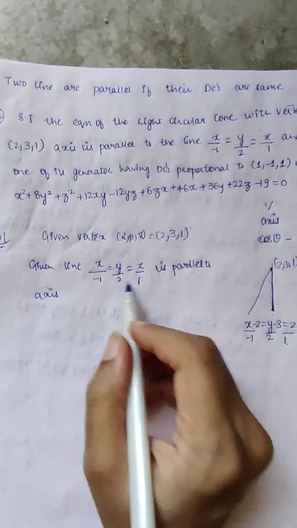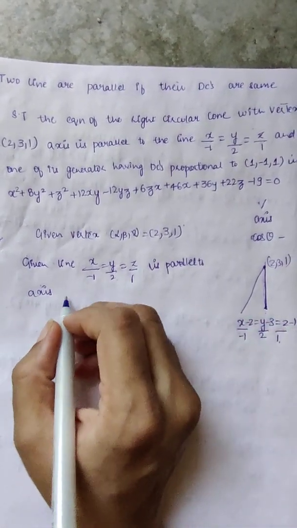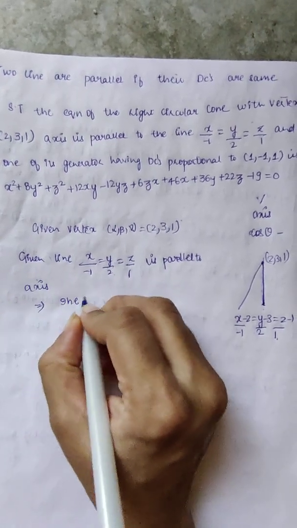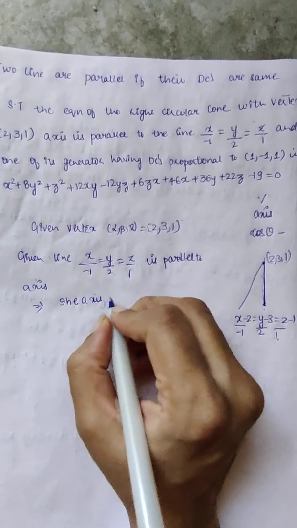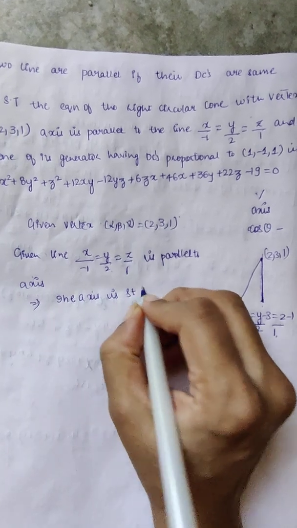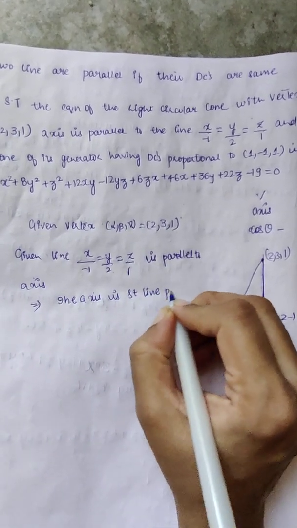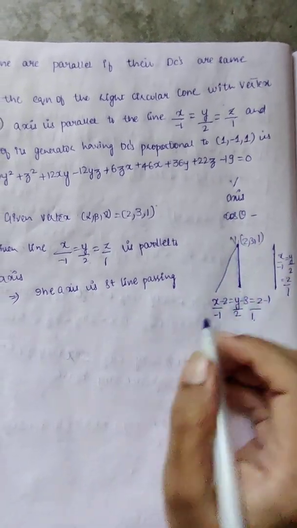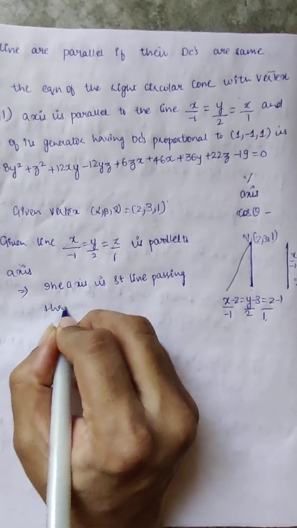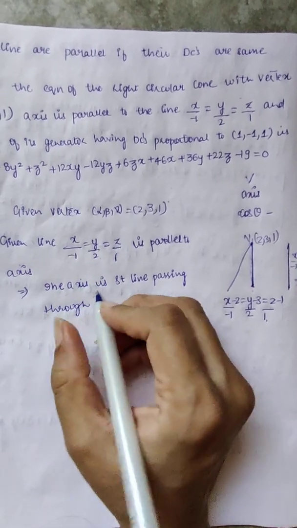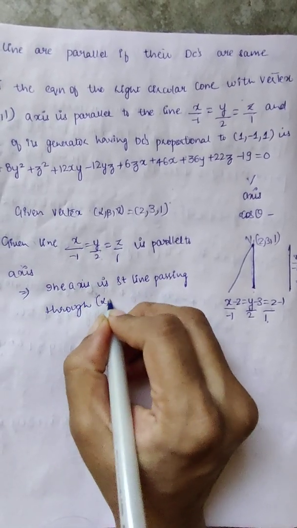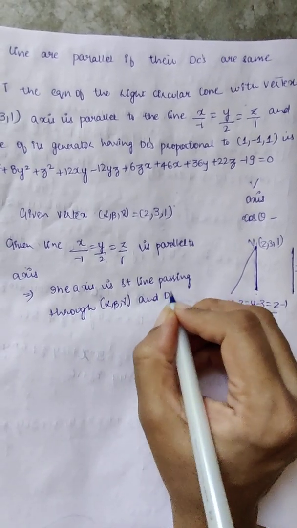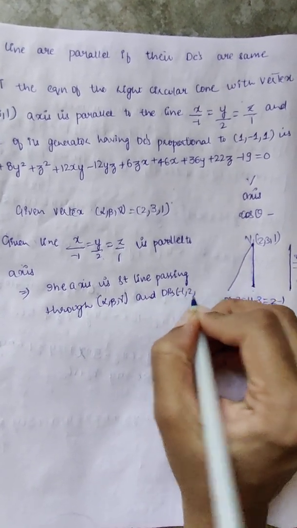I'm going to write: the given line is parallel to the axis, which implies the axis is a straight line passing through the vertex alpha, beta, gamma with DRs -1, 2 and 1.